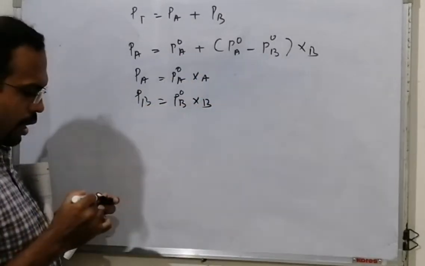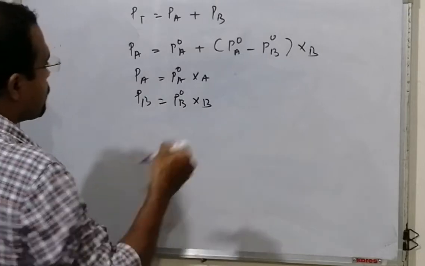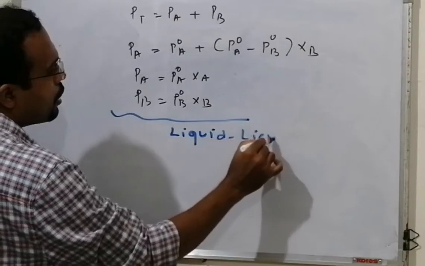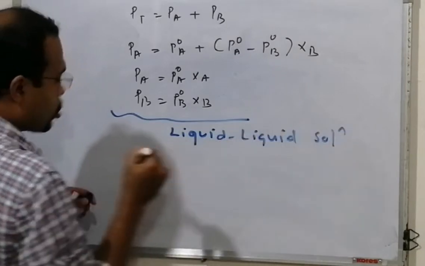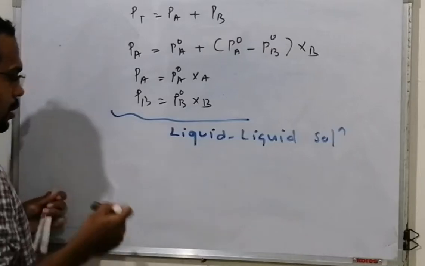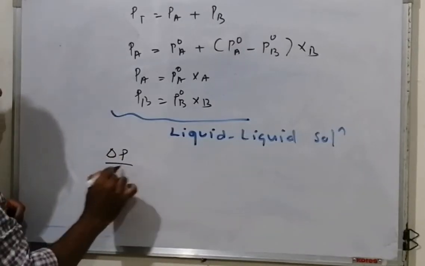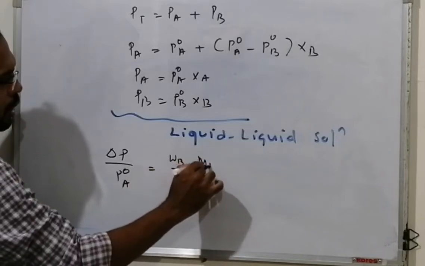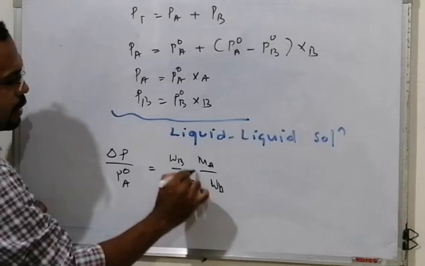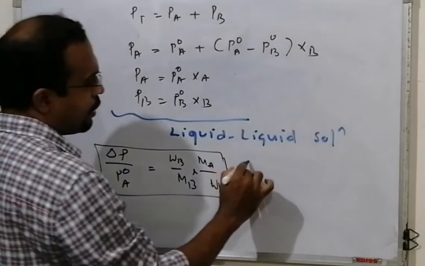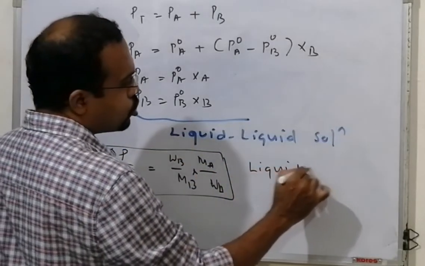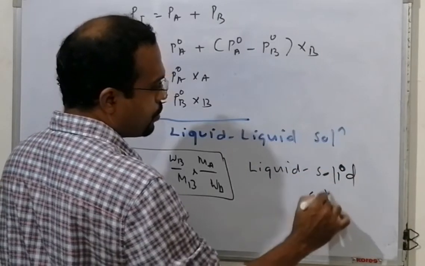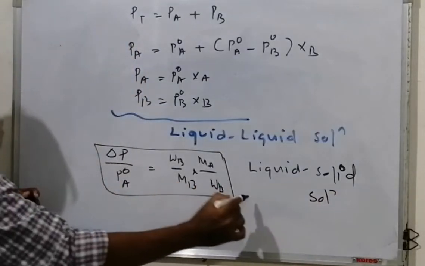These equations are used when you have a liquid solution, that is, the solvent is liquid and the solute is liquid. The equation delta P divided by P0A is equal to WB MA divided by MB WA is used for a liquid-solid solution, that is, when you have a non-volatile solute.